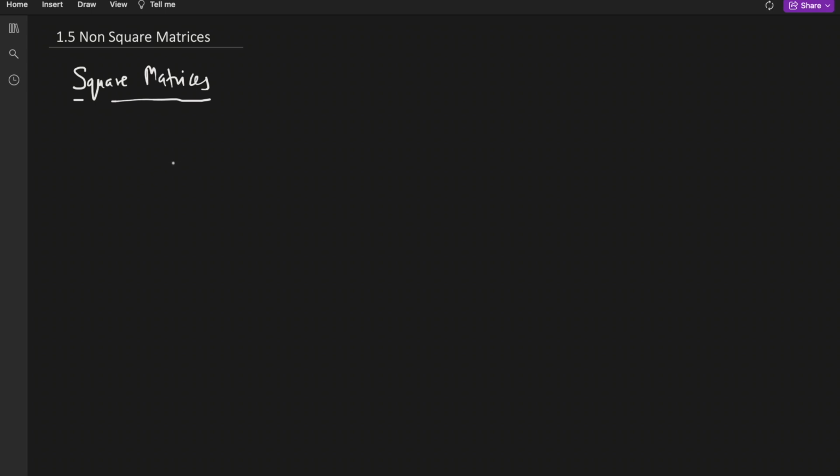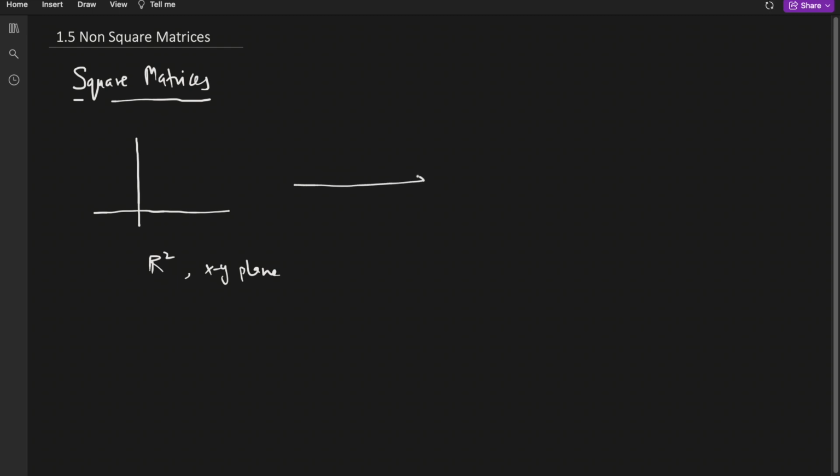So for example, we have this input vector space R2. This is an XY plane. And let us suppose we apply a linear transformation whose corresponding matrix is A. After applying the linear transformation, we are still in the same R2, that is the XY plane.